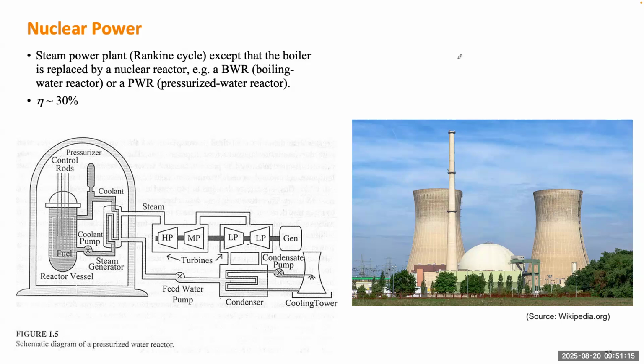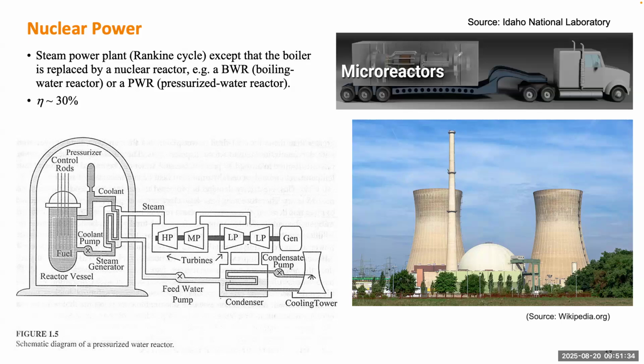To tell between the two types of nuclear reactor, usually the second type, the pressurized water reactor, will have the pressurizer. You can tell if you have a chance to visit a nuclear power plant. But today there are new types of nuclear generators being studied or deployed.